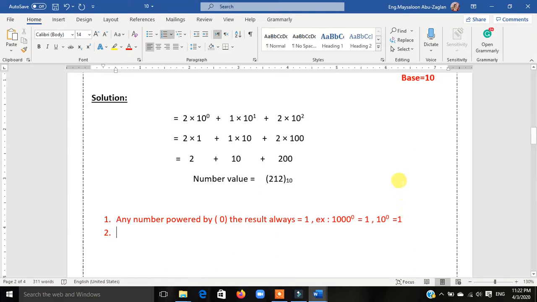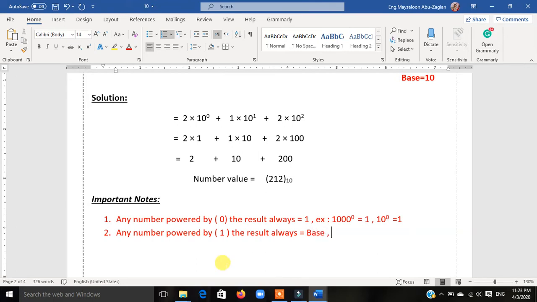Note number 2, these are important notes. I want you to write and memorize them. Note number 2: any number powered by 1, the result is always equal to the base.